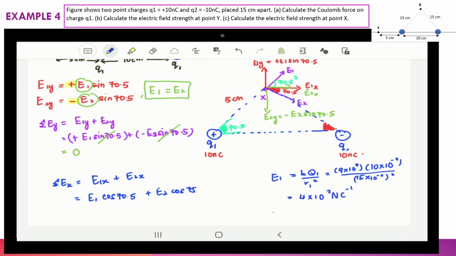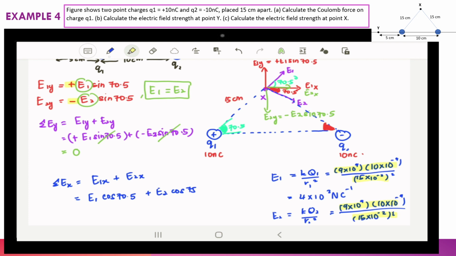If you calculate E2, it is the same, kQ2 over R2 squared. It's also the same value here, 10 nanocoulomb over the distance between X and Q2, also 15. You can see the value is the same.